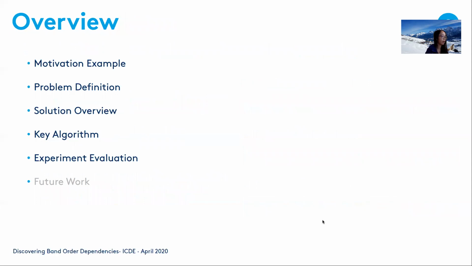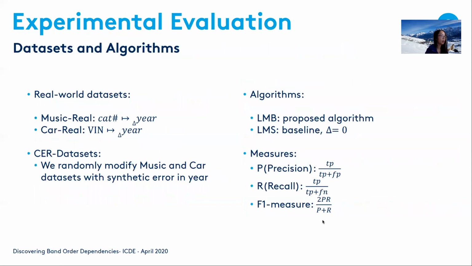For experimental evaluation, we compare our proposed approach, longest monotonic band, with the baseline, longest monotonic subsequence, where we set delta to be 0, over real-world datasets, where we know the ground truth, as well as synthetic datasets, where we inject errors by randomly modifying the year information.